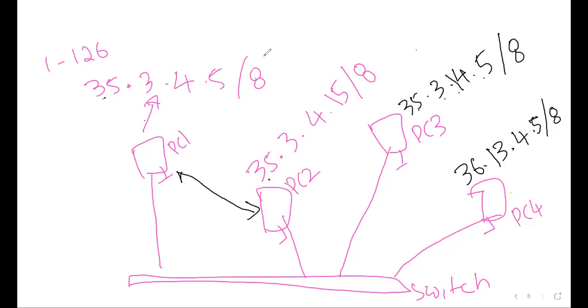If you change the host value, it would be different, but still they cannot communicate, because in class A the first octet must match. Here it is 35, 35, 35, but here it is 36. Therefore, the network portion of any IP must be the same on multiple devices in order for them to communicate with each other. Hope you understood.